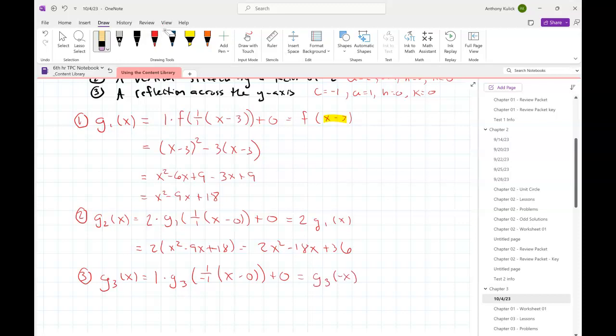So this, oops, I didn't mean 3 there. That should be a 2. Sorry about that. So if I do G2 of negative X, again, that means I'm going to be plugging negative X into G2 every place there was an X, right?